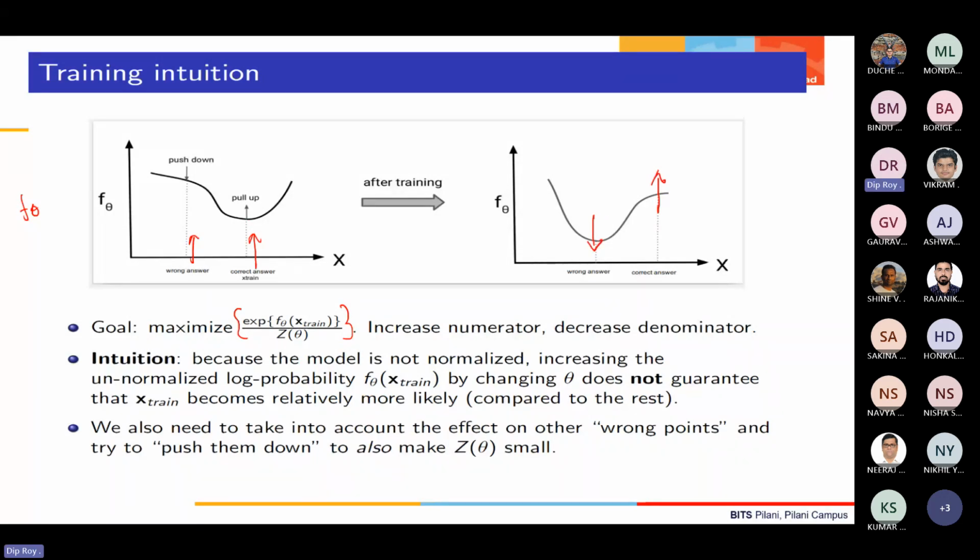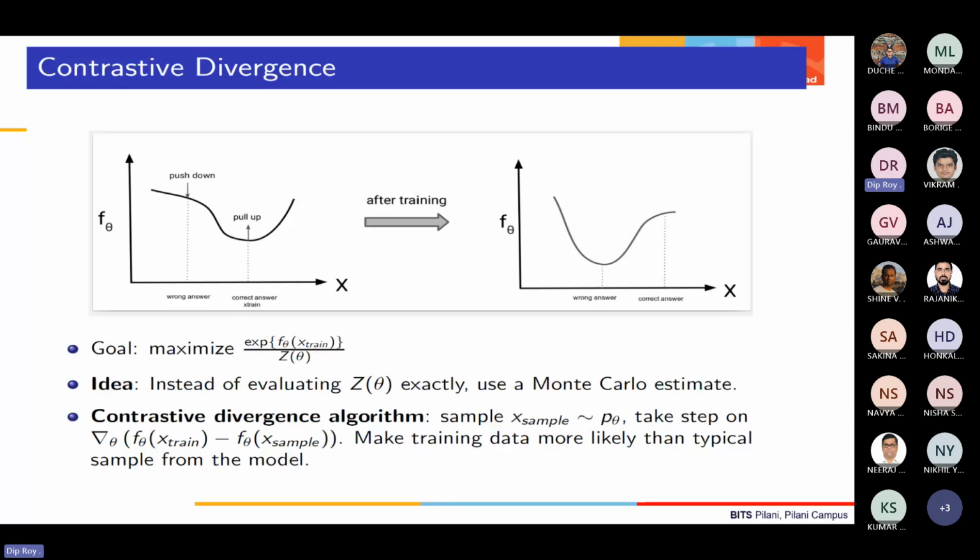All right. And essentially, this is what we do in contrastive divergence. Here in contrastive divergence, my goal is to maximize this. Now, instead of evaluating Z theta exactly, we use a Monte Carlo estimate in the contrastive divergence algorithm.